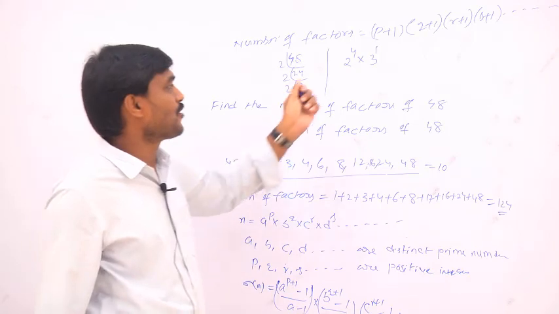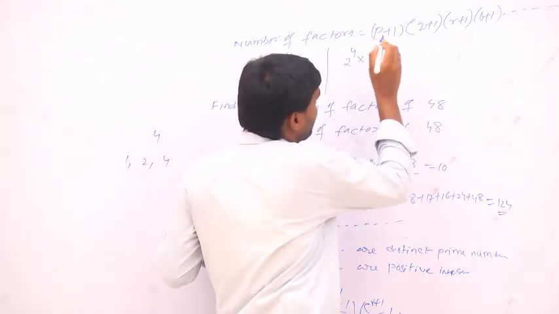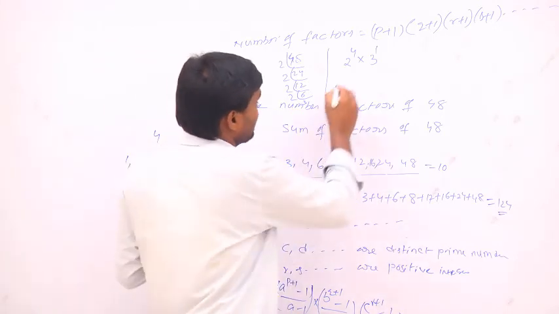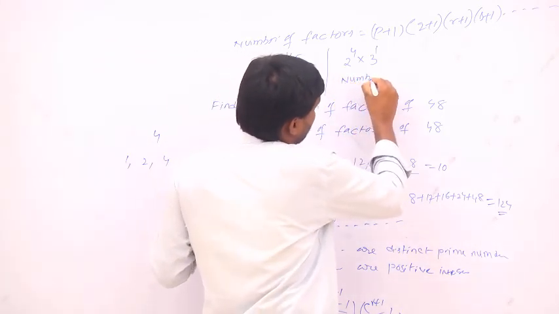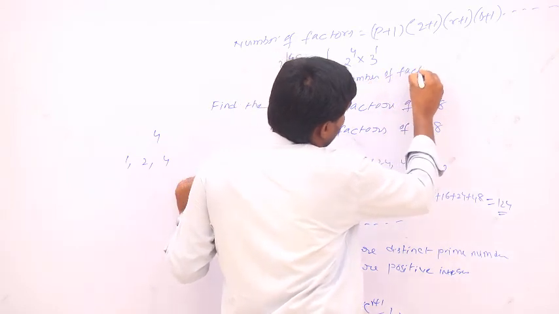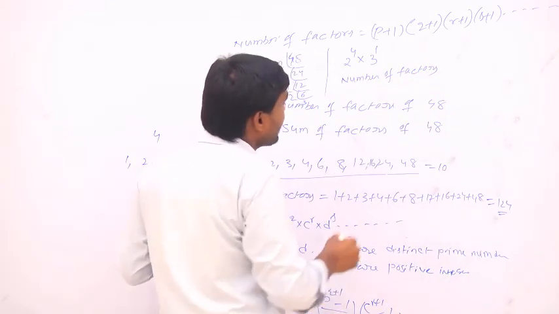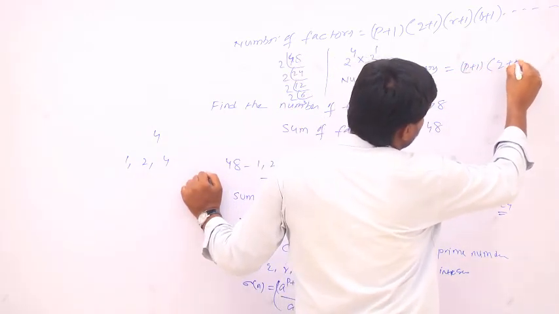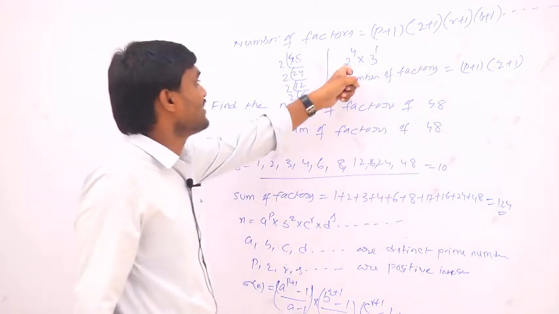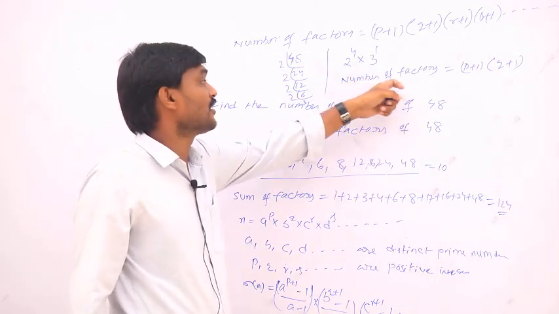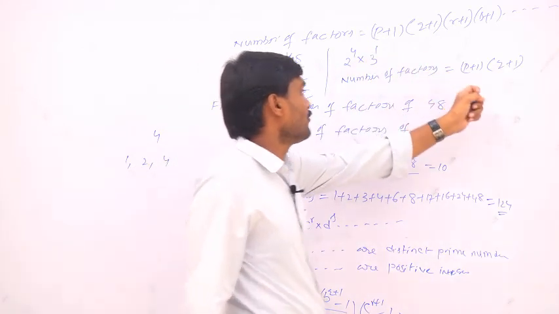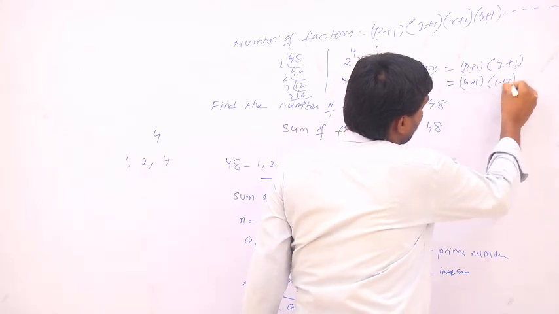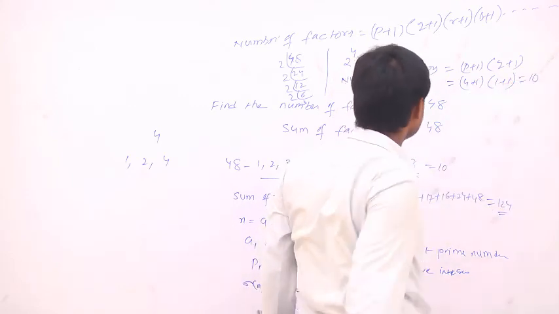The number of factors equals p plus 1 into q plus 1. Here p equals 4 and q equals 1, so 4 plus 1 into 1 plus 1, 5 into 2, is 10.